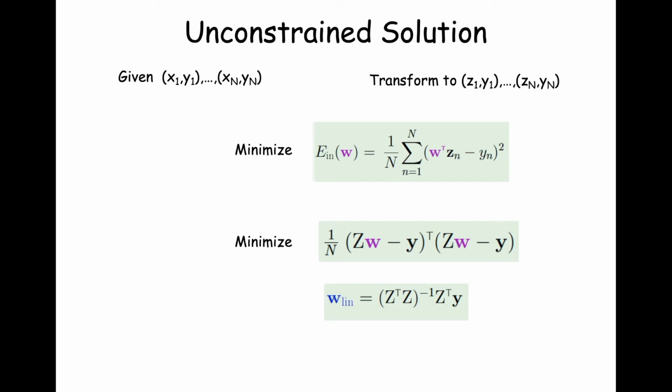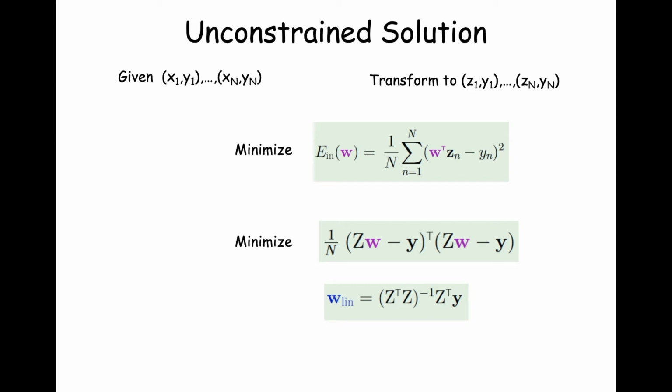So we have E_in of w is 1 upon N times the sum, for n going from 1 to big N, of w transpose z_n, where each z_n corresponds to each one of those x_n's, minus y_n, quantity squared, because we care about the magnitude of the difference, but not the sign. Is it positive or negative?